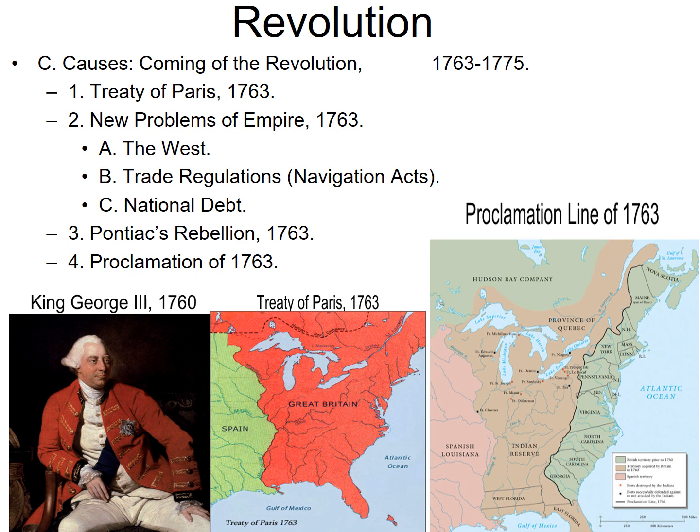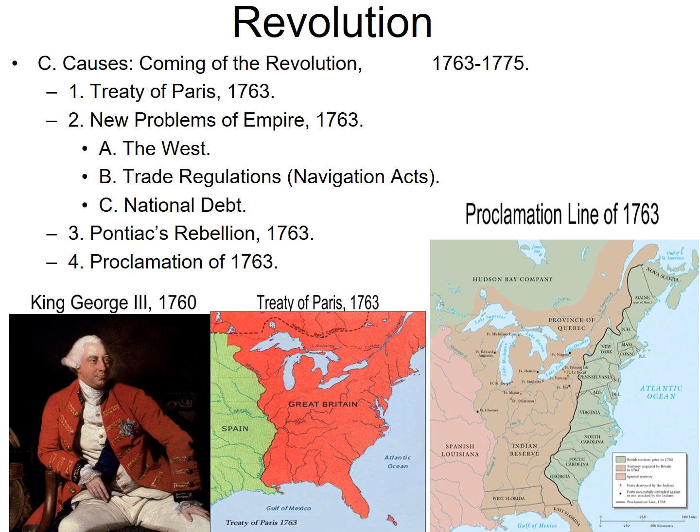What happens as a result of the Treaty of Paris 1763 is the French are forced to give up their North American colonies. If you look at the map in the middle down at the bottom, where you see a lot of red for Great Britain, green for Spain, the British basically take over Canada and all that land out to the Mississippi River with the Treaty of Paris 1763.